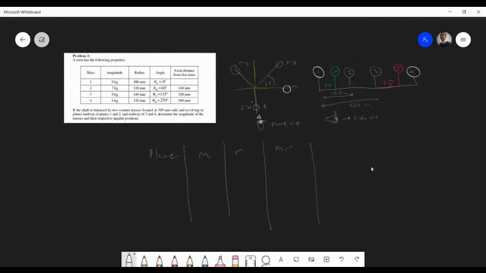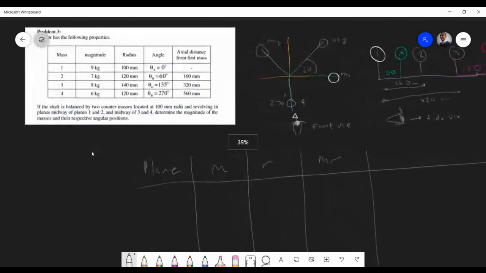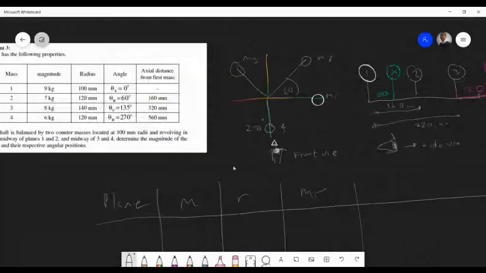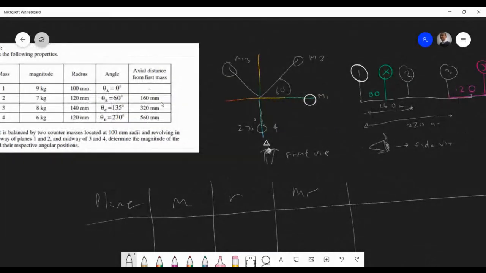Can you please explain the distance, the 80 and the 120? It says the shaft is balanced by 2 counter masses located at 100 millimeters radii and revolving in planes midway of planes 1 and 2, and midway between planes 3 and 4. So the distance between plane 1 and 2 is 160, and midway is 80.